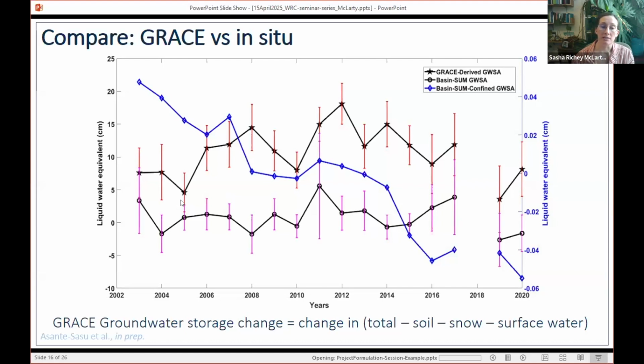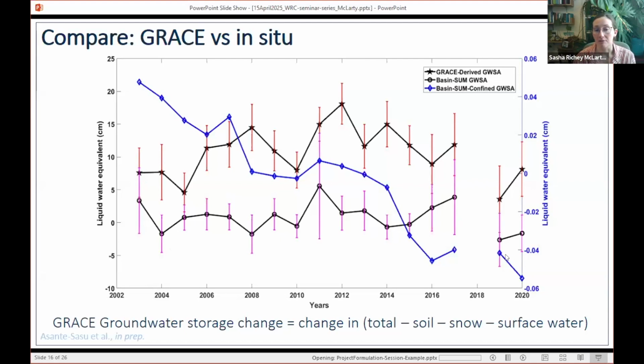So a few things to note about this. First, both the GRACE-derived groundwater storage anomalies and the observed collective groundwater storage anomalies are on the same order of magnitude. And that makes us infer, or it implies, that GRACE is really observing just the changes in the unconfined portion of the system.